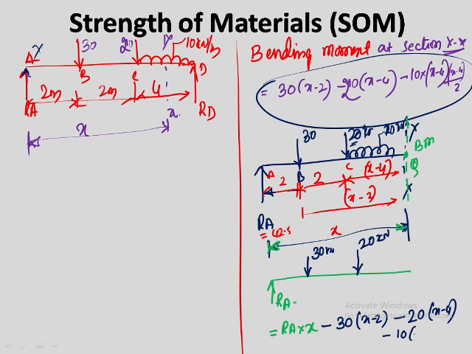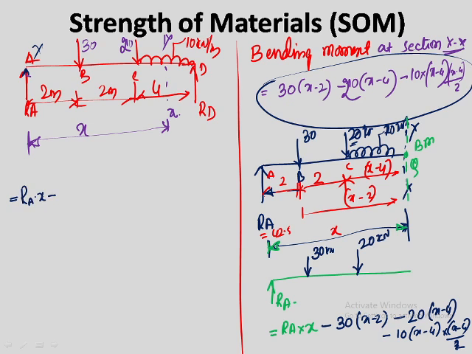Now this is 10 into x minus 4, the UDL converted into point load. Now x minus 4 divided by 2 is the location of the point load. Now you got the equation. I will rewrite here once again.